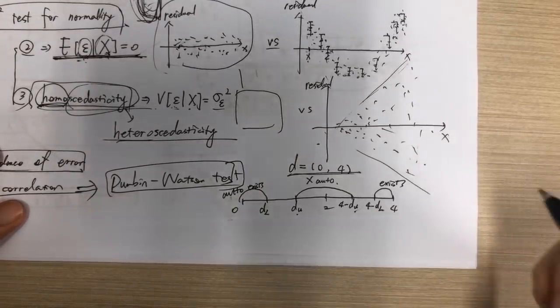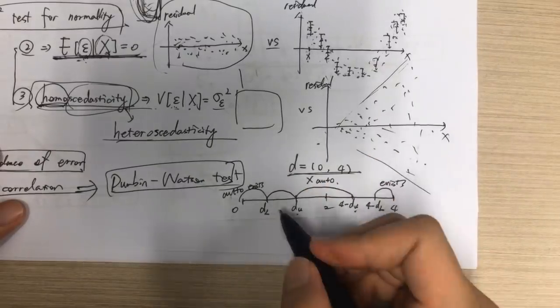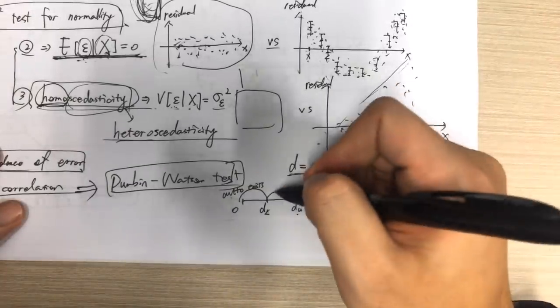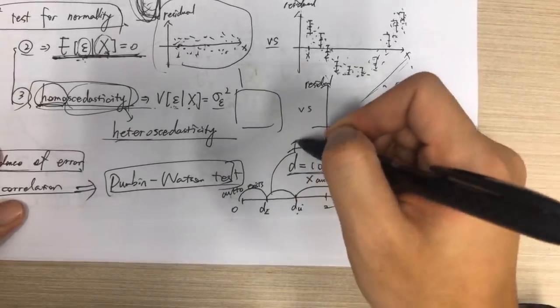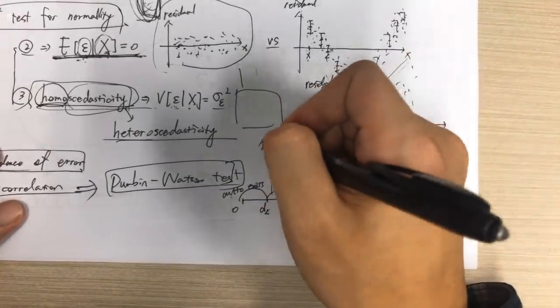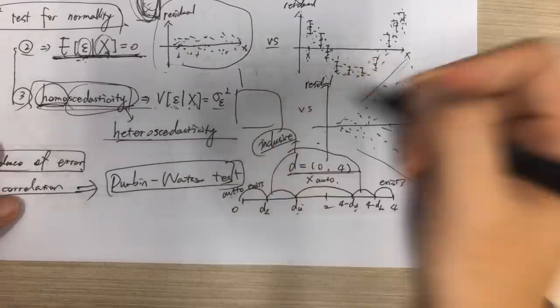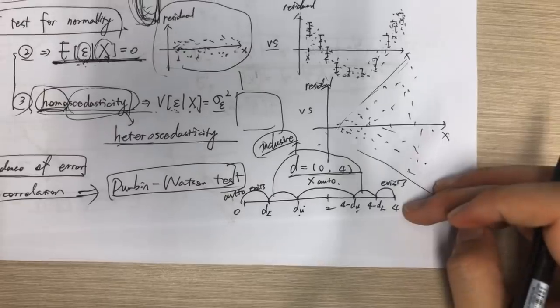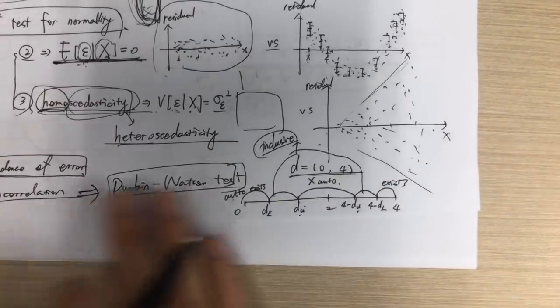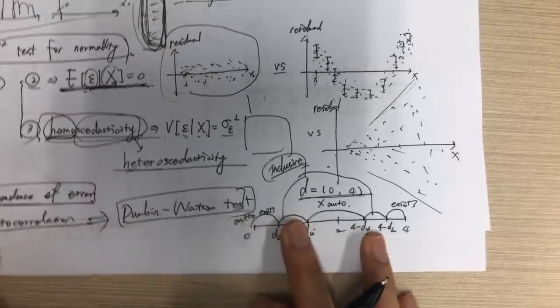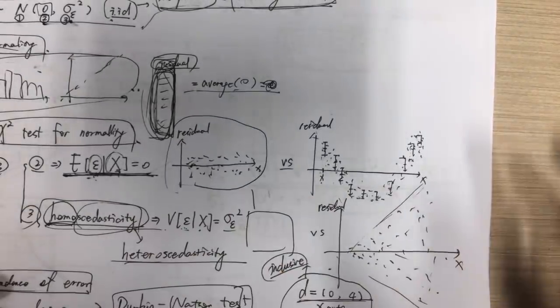And if it falls in DL to DU and 4 minus DU to 4 minus DL, then we can't make any decisions. So it means inconclusive. So we don't know whether autocorrelation exists. All right. So that's basically all about the independence of error and different assumptions.